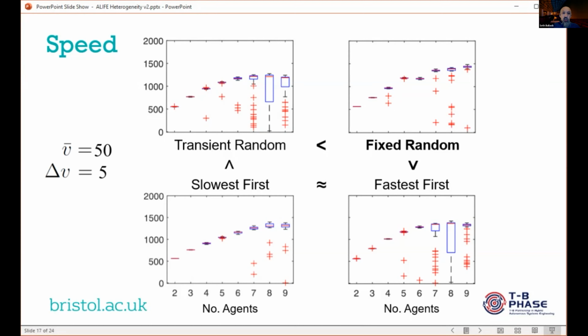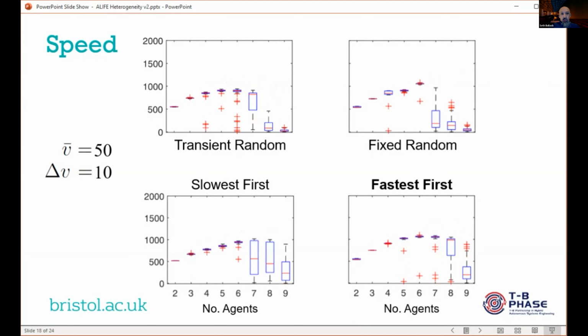So if there were 3 agents, we would have 45, 50, and 55 as the speeds of those 3 agents. And we can increase the heterogeneity in the population by increasing that delta V to 10. So now we have a wider range of speeds, performance drops, and now fastest first does become the best scheme.